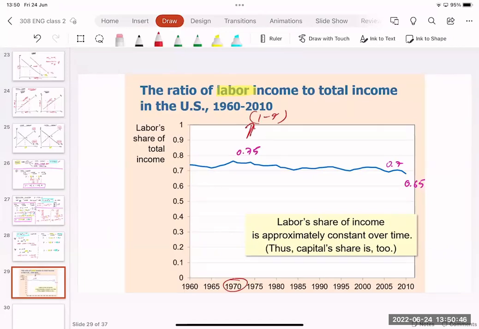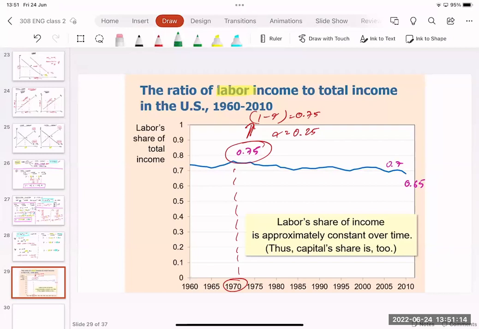For example, in 1970, you see that 75% of the income goes to labor. 1 minus alpha equals 0.75, so it means that alpha equals 0.25. In 1970, 75% of the income for the whole country went to labor, and only 25% went to capital.